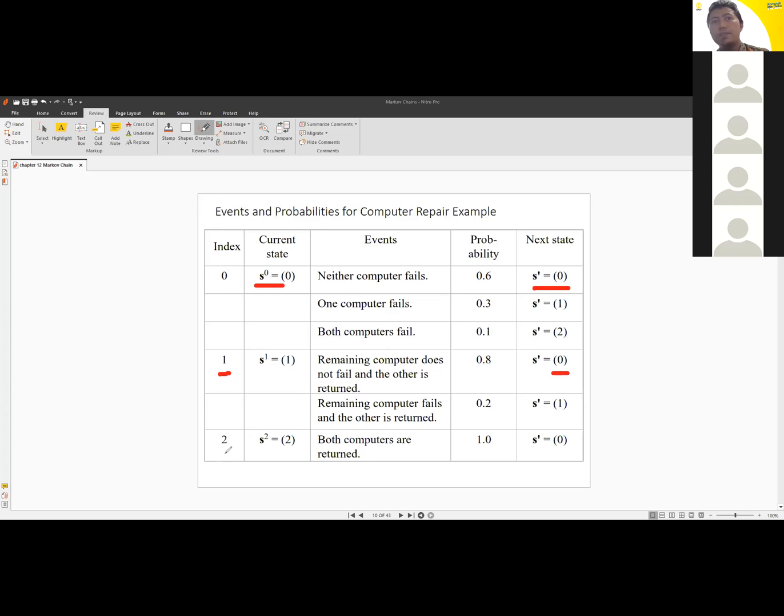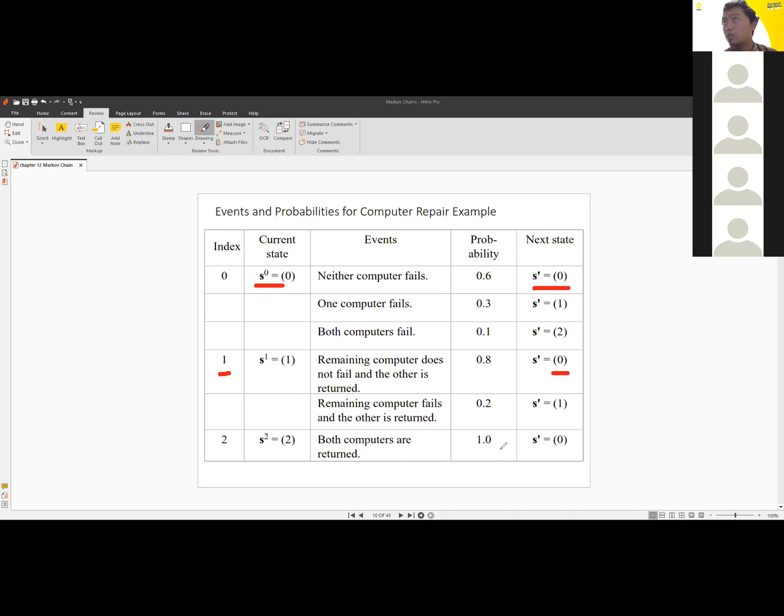The last is index 2, defining that the computers are returned, which means that today we don't have a computer but it returns. So the probability is 1.